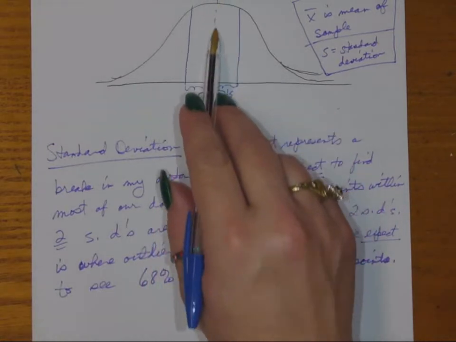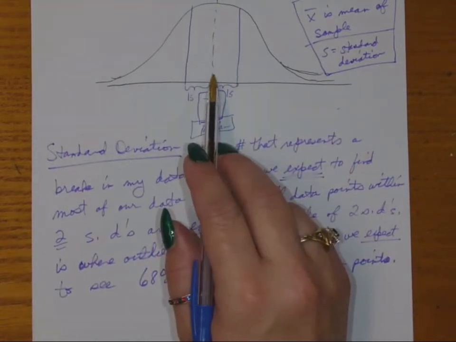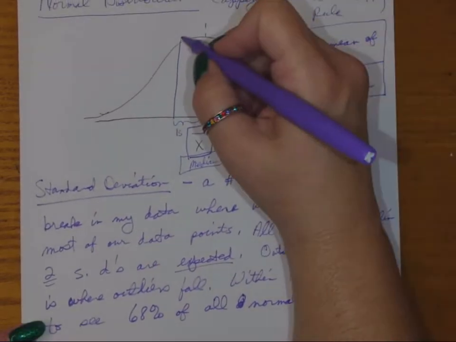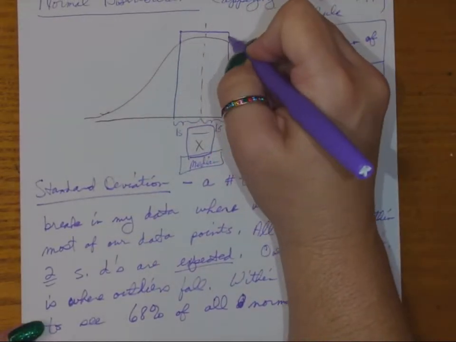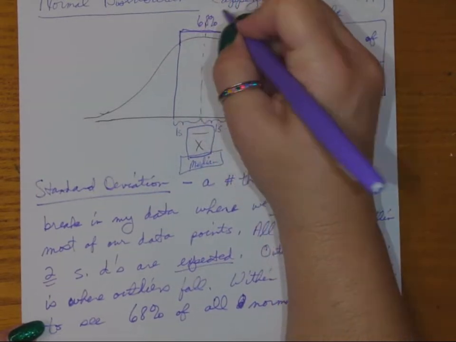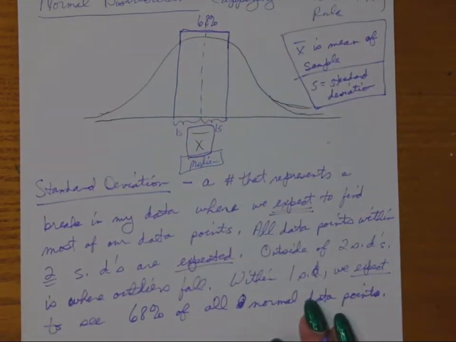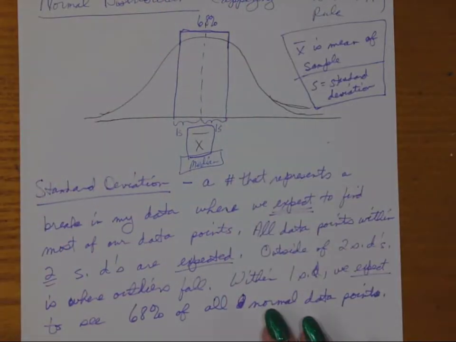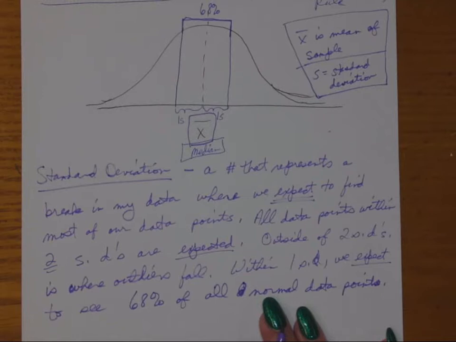So if this is my mean, then 1 standard deviation above it, 1 standard deviation below it. Within that area of the curve, we expect to see 68% of our data. Now think about it, that's the tallest portion of the graph, right? So because we're looking at the tallest portion, we would expect a huge chunk of our data to be in there. So that should hopefully make sense.